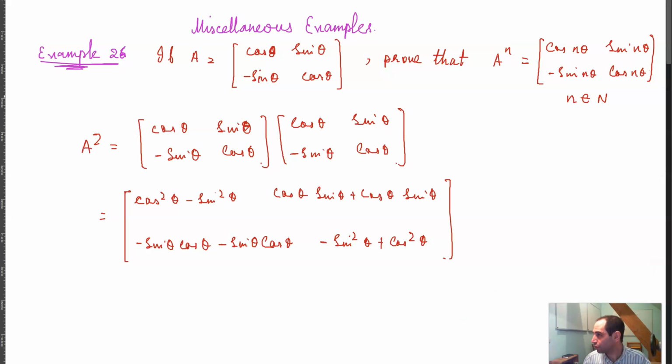I have to take a look at my notes, in chapter 2, trigonometric functions. Okay, cos squared x minus sine squared x is cos 2x. That's a standard formula that we have done before.